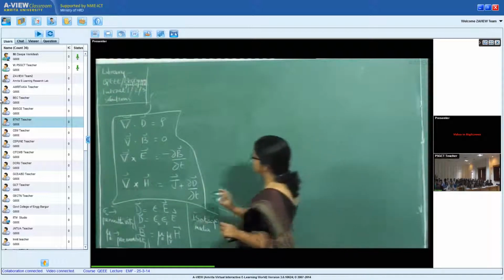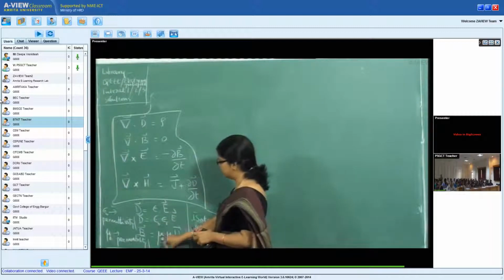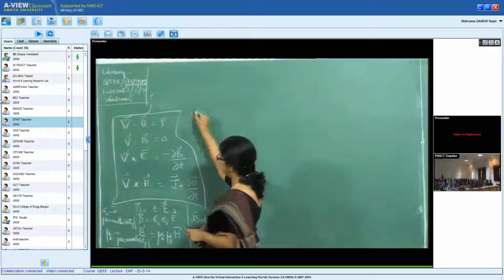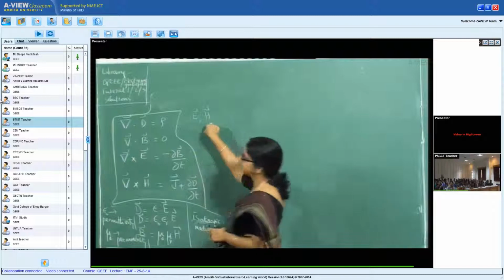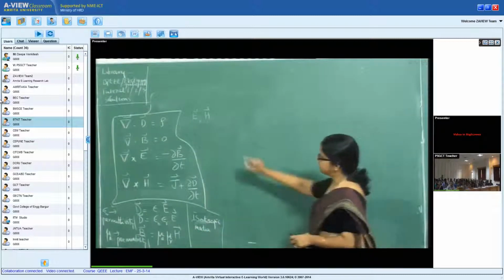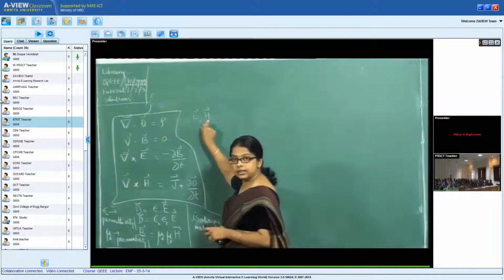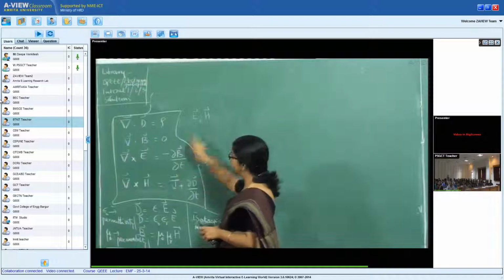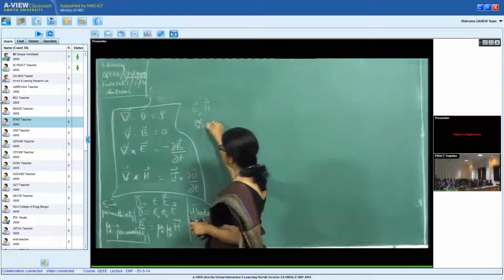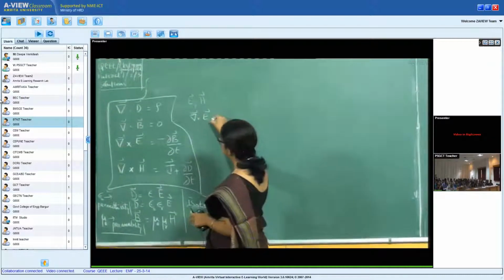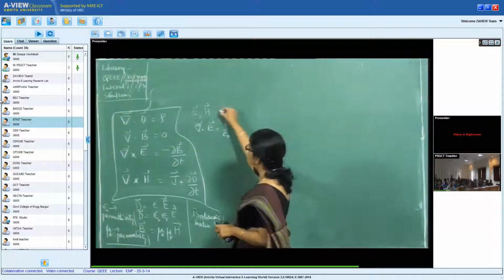So think about vacuum. In vacuum, I have epsilon naught and mu naught. So the variables in these equations are simply E and H, or D and B. I would like to write in terms of electric field intensity and magnetic field intensity, E and H. I can write all these equations in terms of E and H. How do I do that? I would write D as epsilon E. So divergence of E is rho by epsilon naught. I am writing in vacuum.